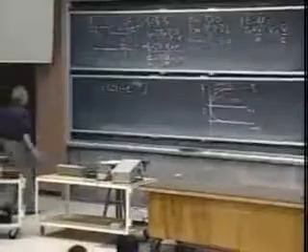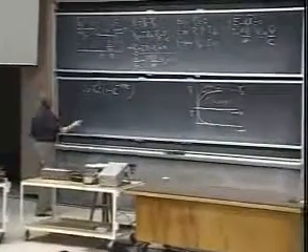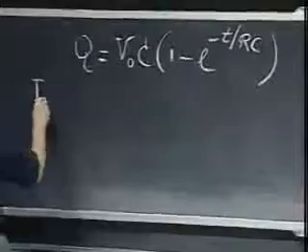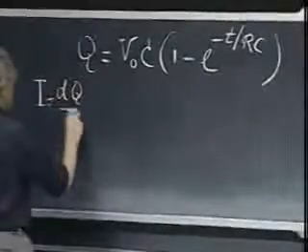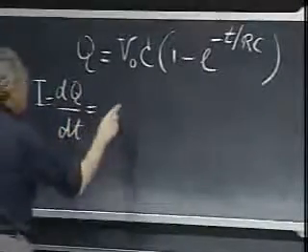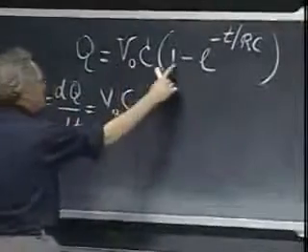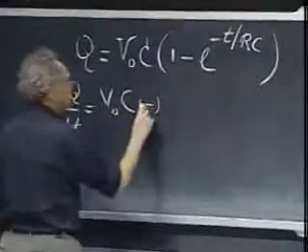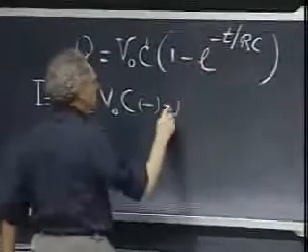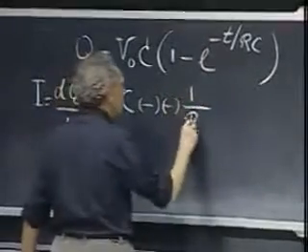If I take the derivative of this Q, then I have I, because I is dq/dt. So I, which is dq/dt, then becomes V0 times C. I get a minus sign. I get another minus sign. Then I get 1 over RC.